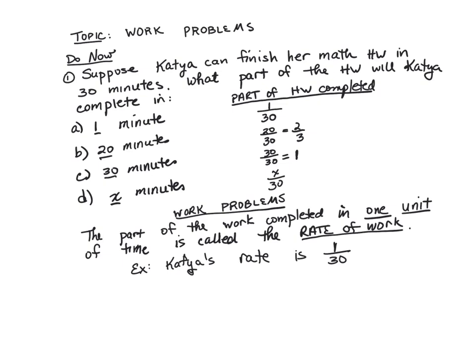Okay, and in the do now, if we wanted a formula for the part of the work completed, notice that we have to take Katya's rate. So I'll just write down rate. And to get the 20/30 and 30/30, what did we do with the time and the rate?